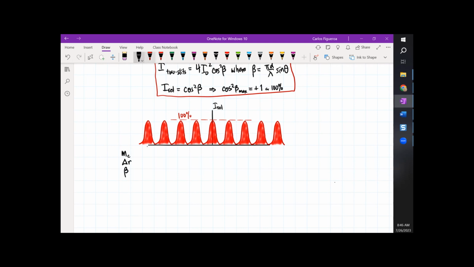So let's look at this. So then this is MC equal to 0. And this will be +1, +2, +3, +4, -1, -2, -3, -4. I could write MD too.